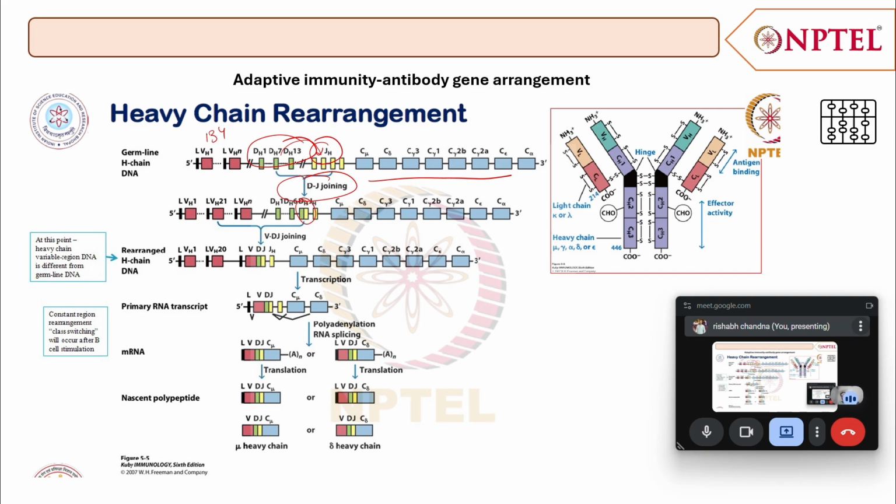So all the D's that lie between will also be spliced out. Now the V joining to the DJ happens. D stands for diversity and J stands for the joining region. Now when this V needs to be connected to this DJ, there is removal of the in-between segment through splicing, and hence this VDJ recombination takes place.